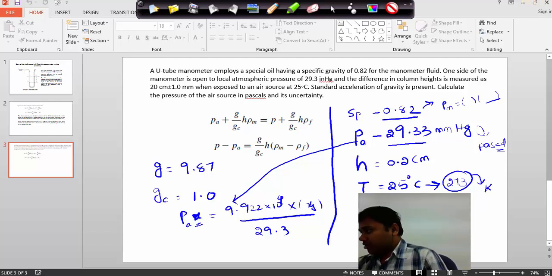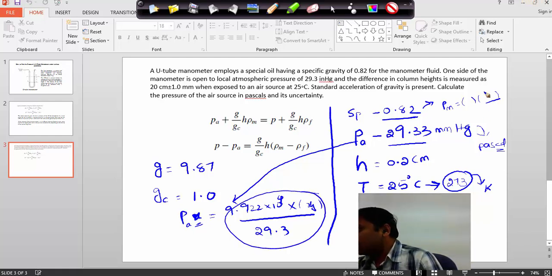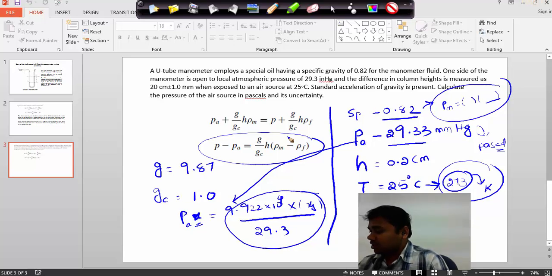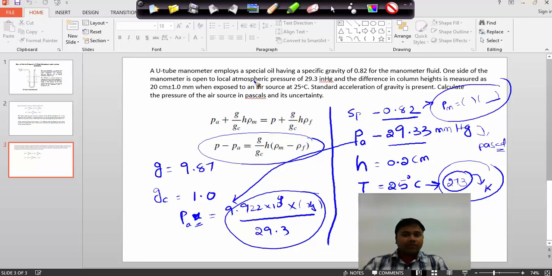And rho f can be found by P by RT, where P is the pressure in pascals, R is the gas constant and T is the temperature. So by using these formulas, formula 1, formula 2, formula 3, formula 4, and this final formula, formula 5, we need to develop these 5 formulas in LabVIEW.